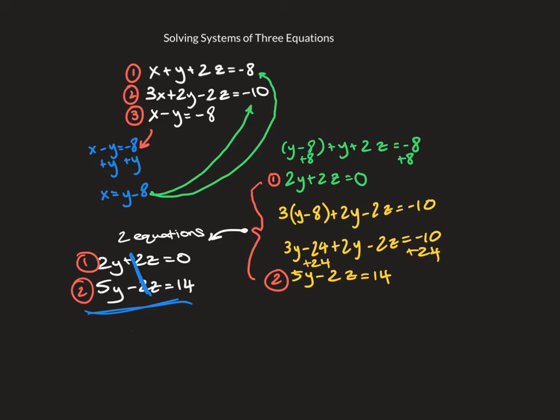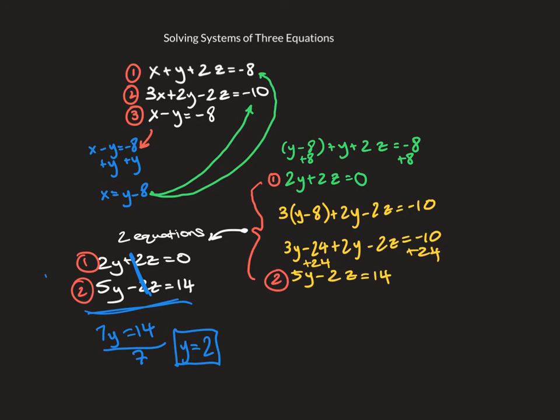So we've got 5y plus 2y equals 7y is equal to 14 plus 0 is 14. And now we'll be left with 7y equals 14, divided by 7. Now y equals 14 over 7, which is 2. So you've got y equals 2.